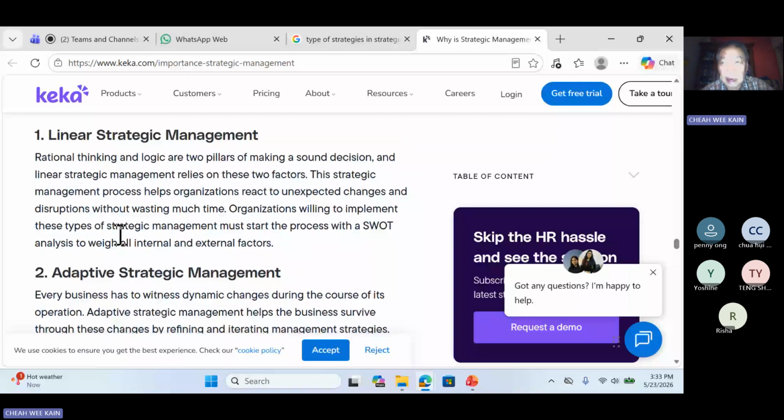This one looks very nice, but there is no format like the IE and the EE. Okay, IEF, internal evaluation and the external evaluation. Okay, they don't put it quite nicely.